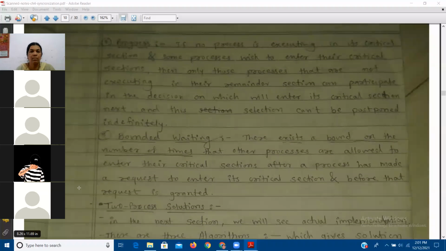Okay, the third condition is bounded waiting. Hope everybody is noting it down.